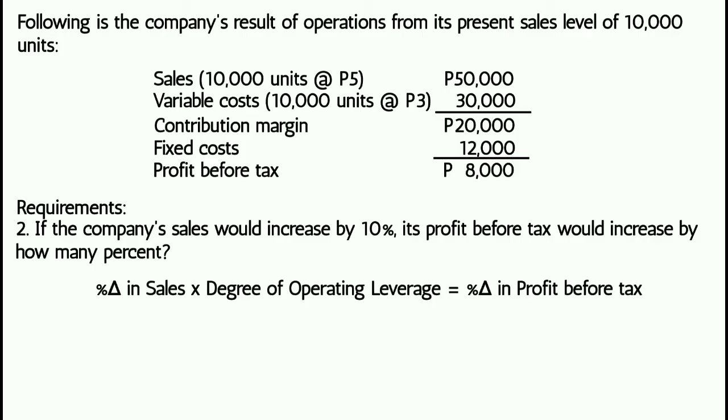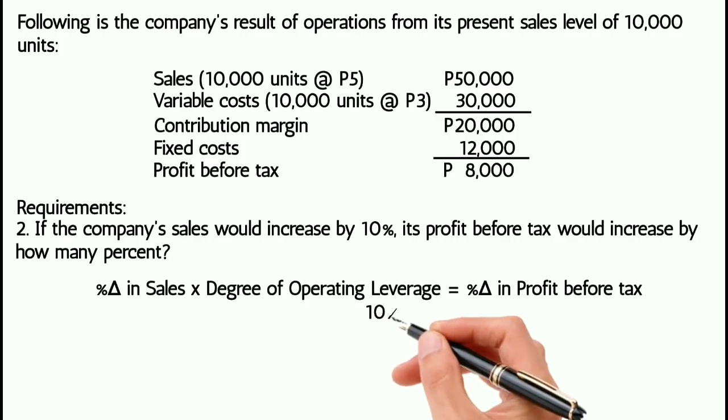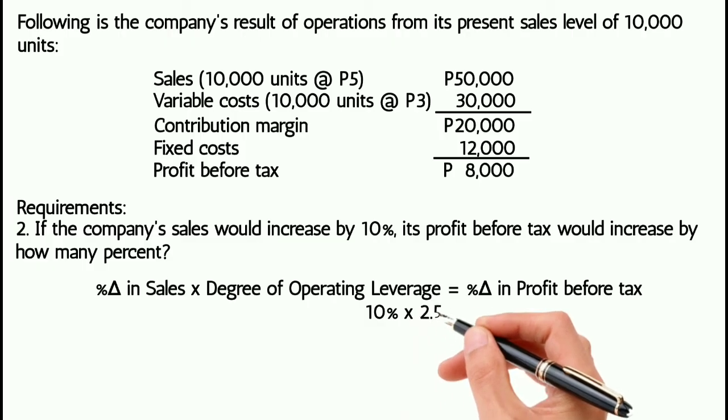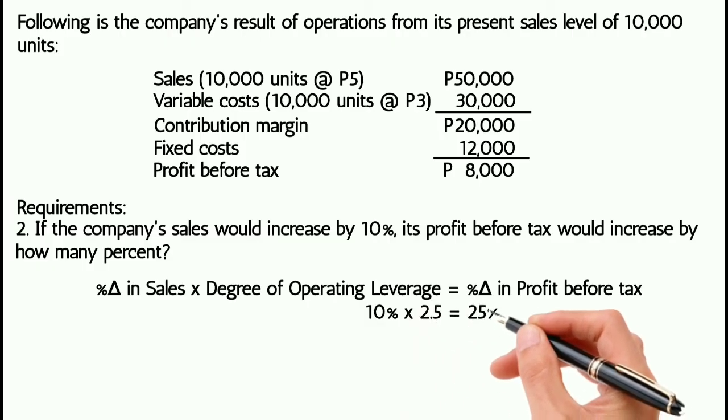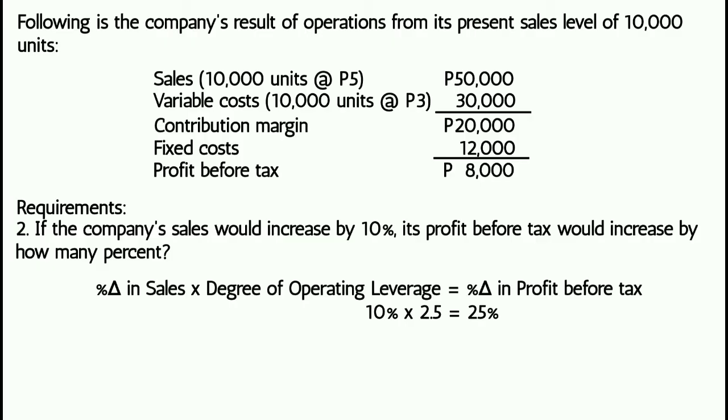Ang percentage change in sales ay 10% at ang degree of operating leverage ay 2.5. 10% times 2.5, that is equal to 25%. And that is the percentage change in profit. Meaning to say, kapag nag-increase yung sales ng 10%, mag-i-increase din yung profit ng 25%.